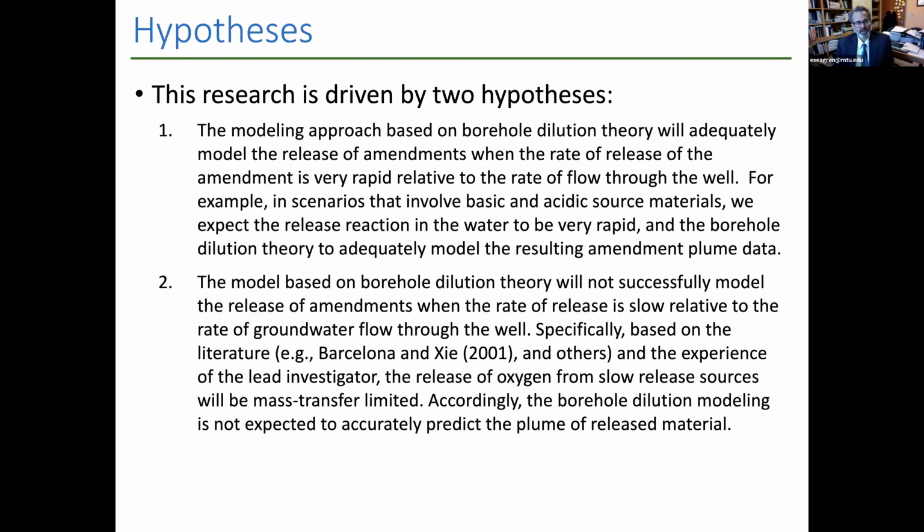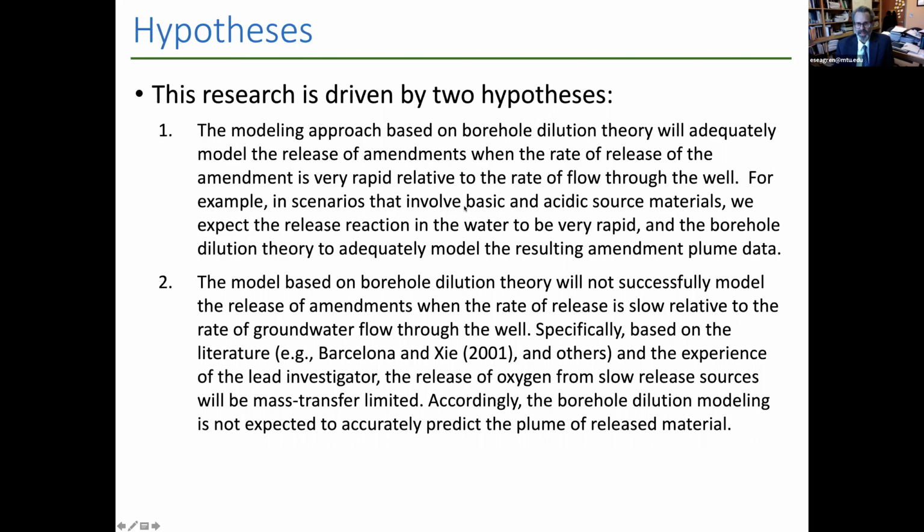So our goal in researching this topic was to investigate 2 hypotheses that we developed. One was that this borehole dilution theory modeling approach will work as long as the release of the amendments is fast relative to the flow rate of the water through the well.